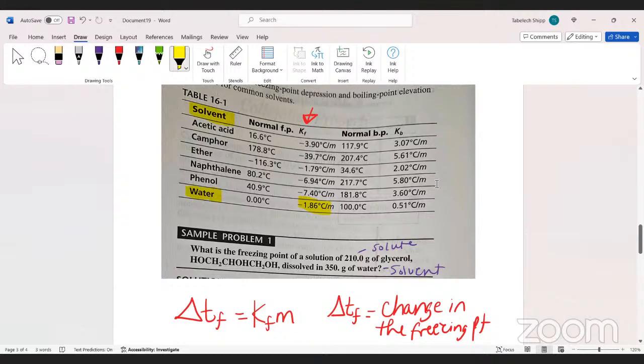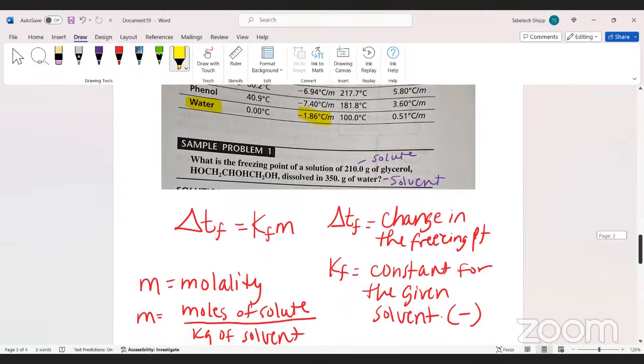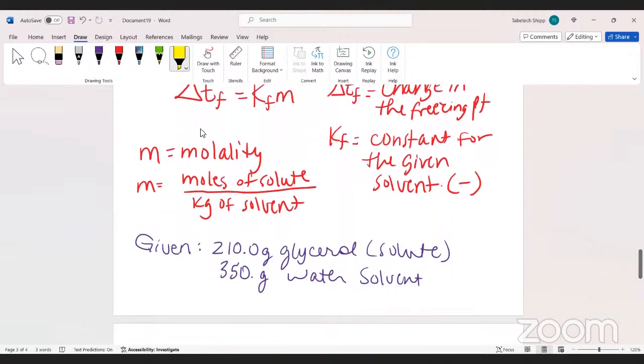We're going to take that negative 1.86 degrees Celsius per molality, okay? So we're going to use that number also. Negative 1.86 degrees Celsius per molality. That is your K of F, okay? That is your K of F.